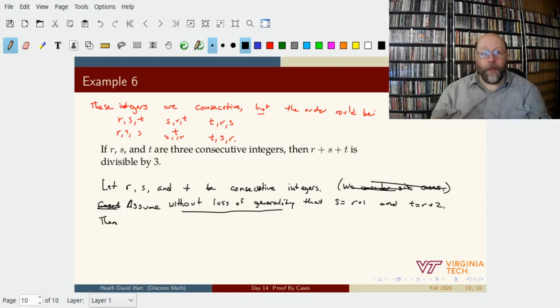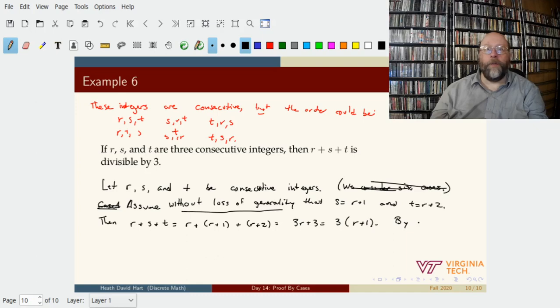And now let's do the calculations. Then r plus s plus t is equal to r plus 1 plus r plus 2, which is equal to 3r plus 3, which is equal to 3 times parentheses r plus 1.